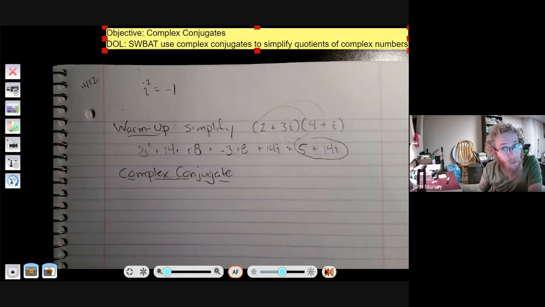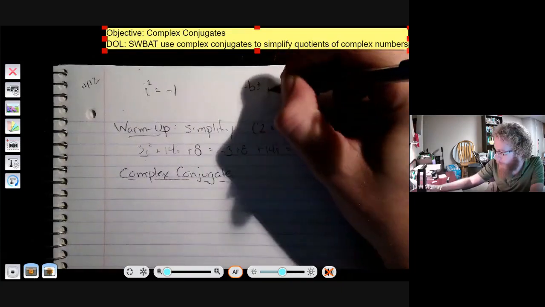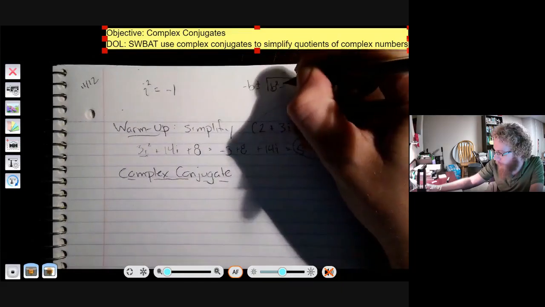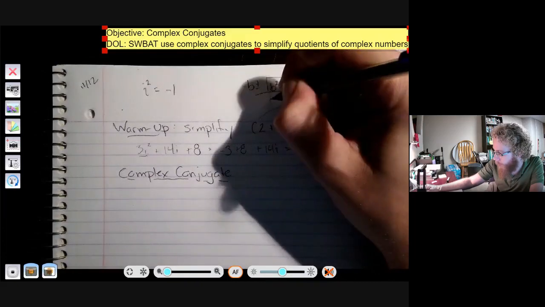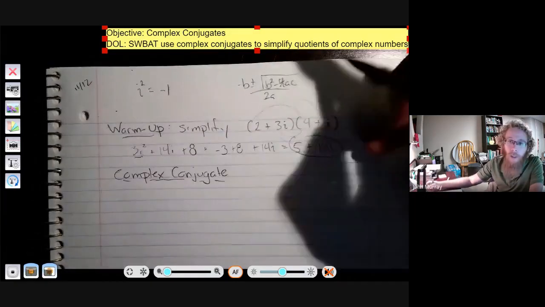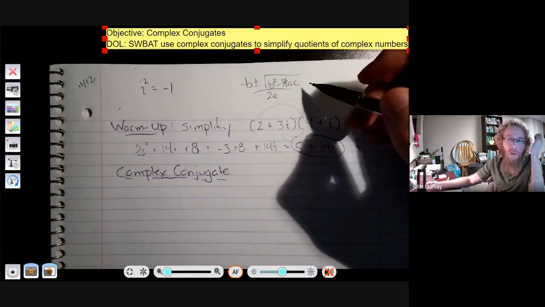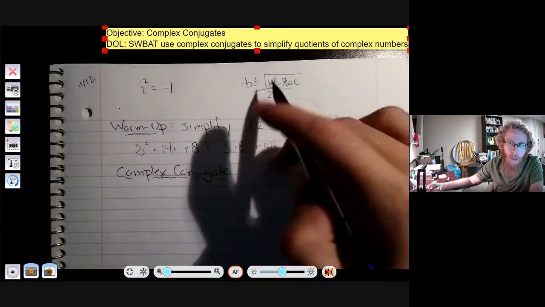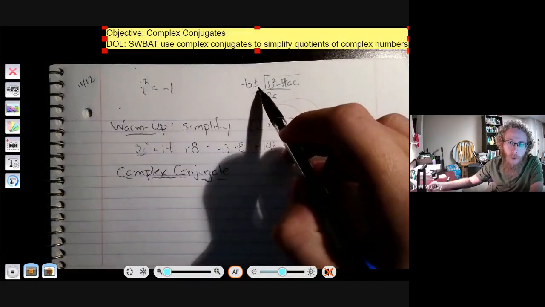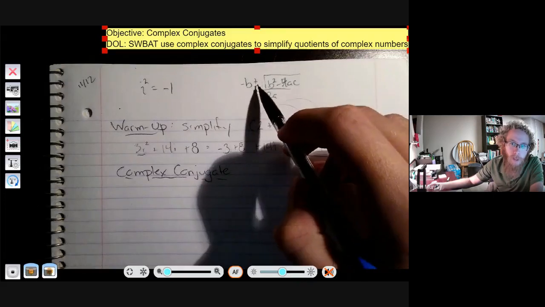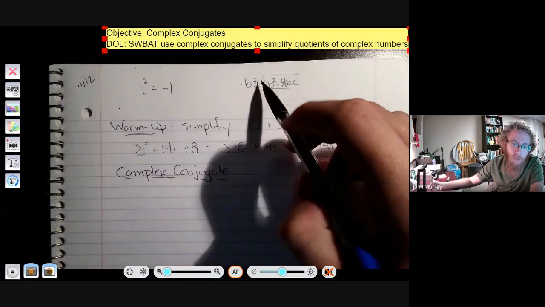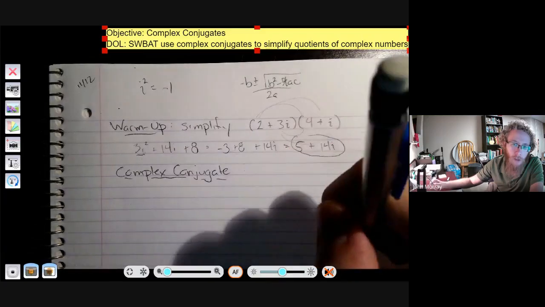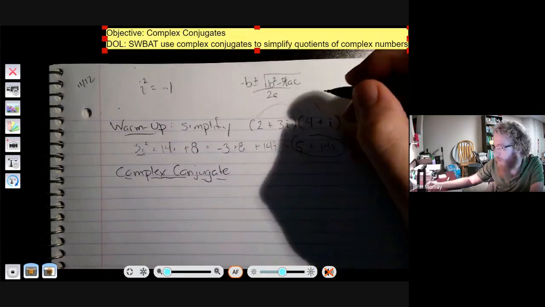Last year in Algebra 2, when you guys were solving quadratics, and you used that famous quadratic formula, right? You ended up sometimes with imaginary answers, right? When you had a negative number underneath this radical. Now, it's already built into the quadratic formula, this plus or minus. This gives you complex conjugate solutions, all right?